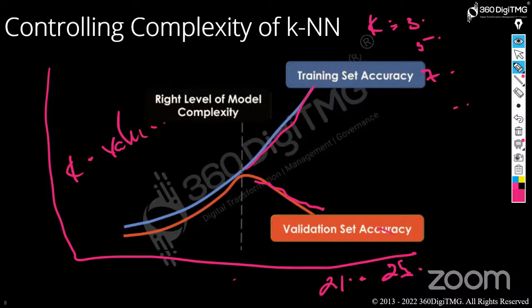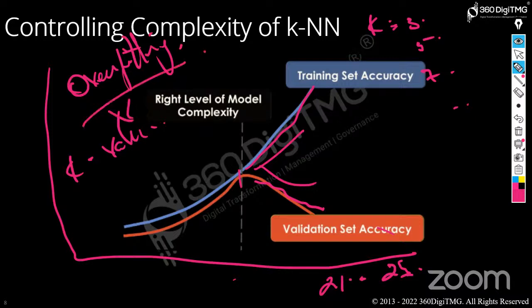Beyond this point, increasing the K value, the difference between training and validation accuracy is getting larger. What do you call this phenomenon? We call it overfitting. And what is another name for overfitting? Variance.